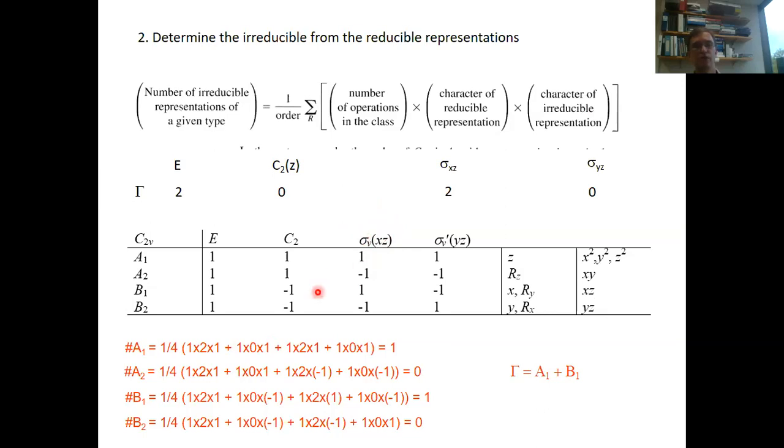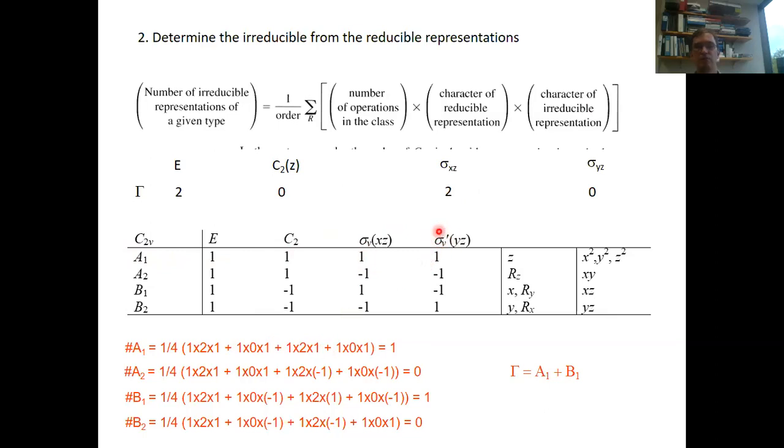So therefore, again, the character here is 1. So what is the character of the reducible representation? Well, this is now this character here, which is 2. And last but not least, we need to look at the character of the irreducible representation, which is now the character within the line of A1 underneath sigma v, which is 1. So it's 1 times 2 times 1.